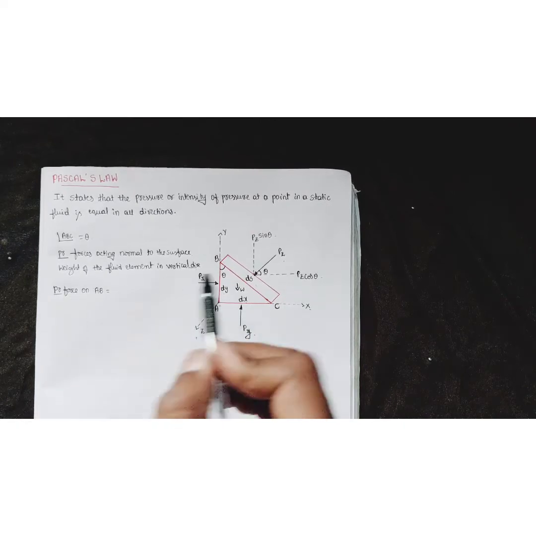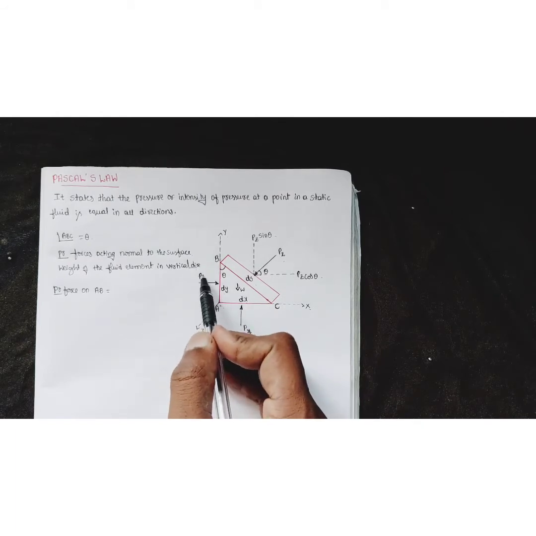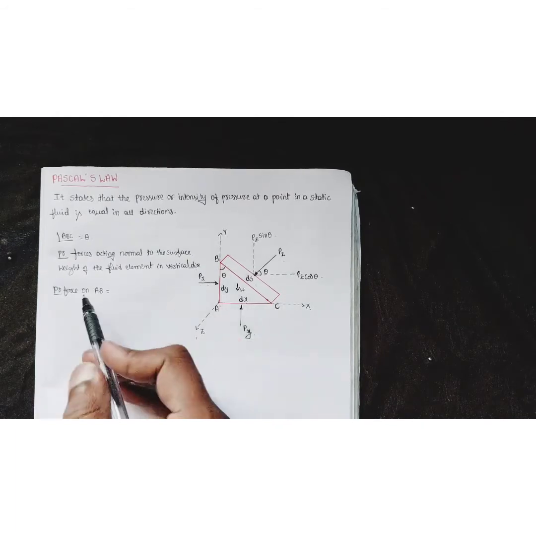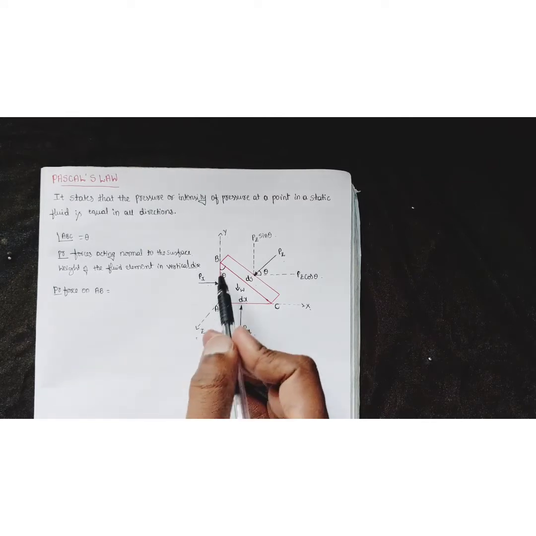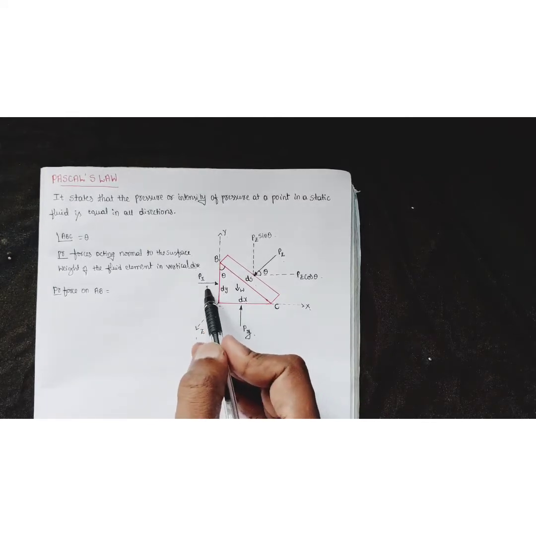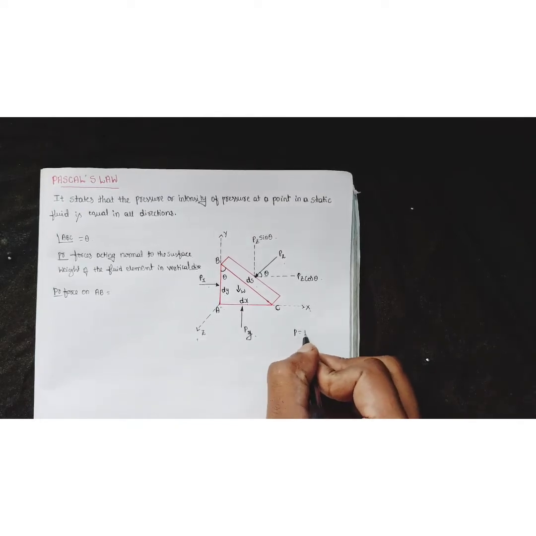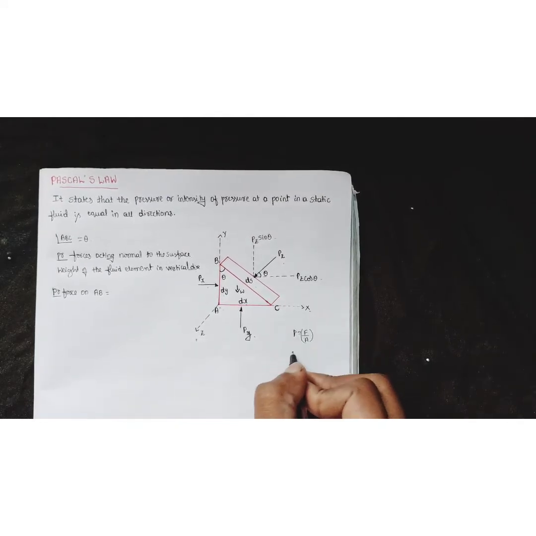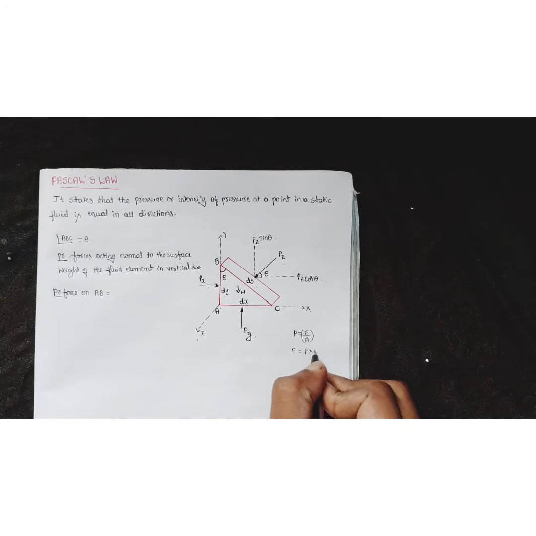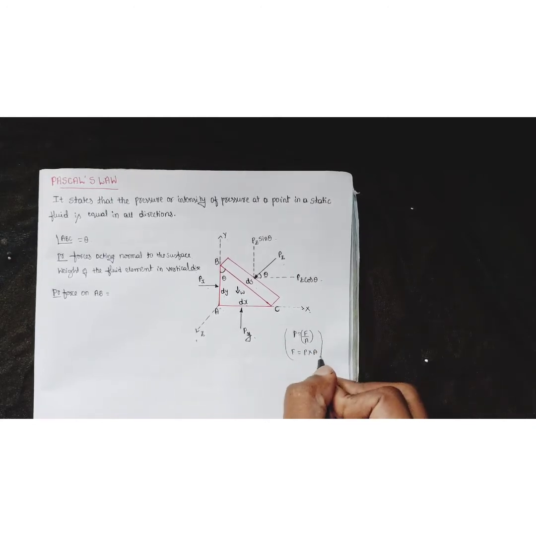You should be aware. So this is the pressure intensity acting on phase AB. To consider the pressure force acting on AB, we need to multiply area by this pressure, right? Because we know pressure is nothing but force by area. If you want pressure force, then it is pressure into area.